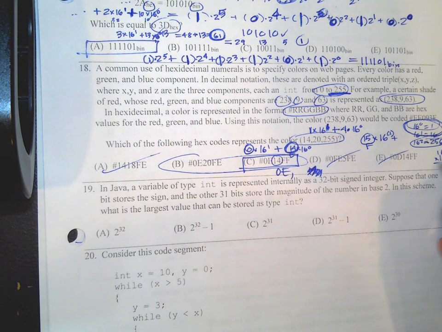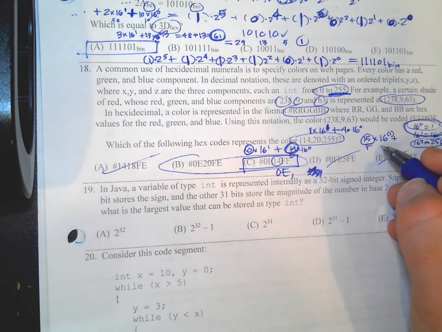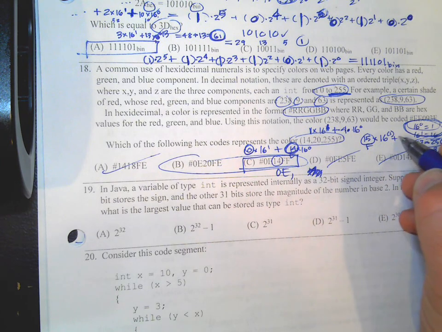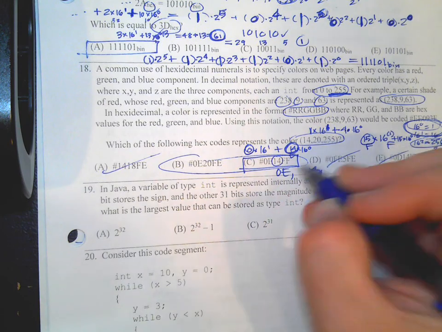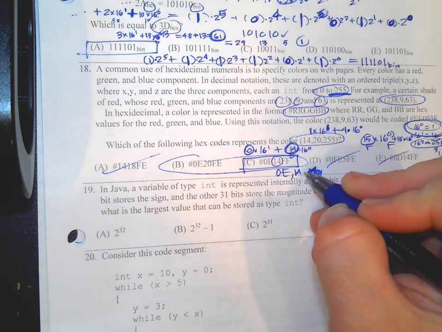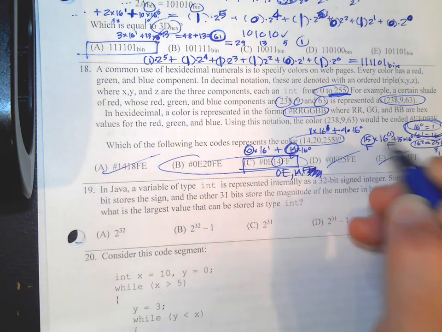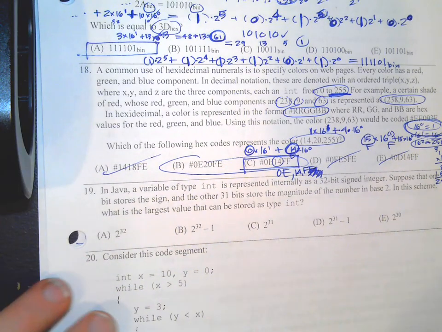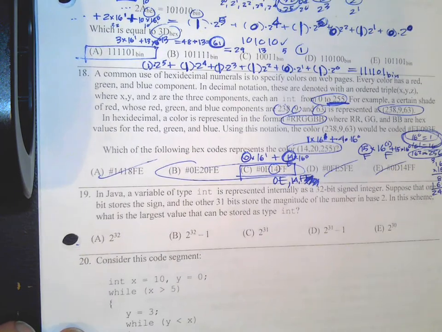I think it's 240. So then you still have 15 left over times 16 to the 0. So that's another F. So the last one should be FF. So that one is for sure answer C. Now I'm going to stop this video and I'll do a separate video for the remaining problems.